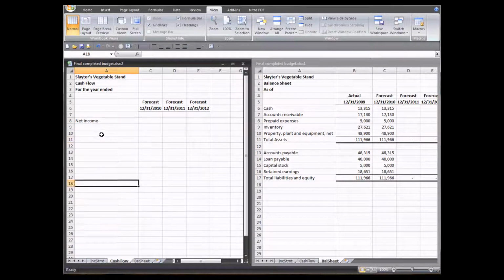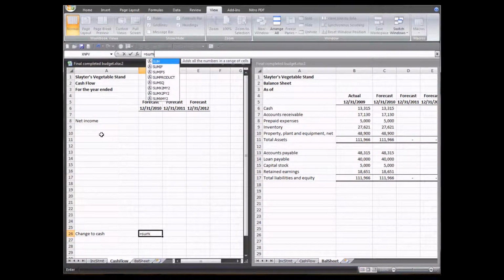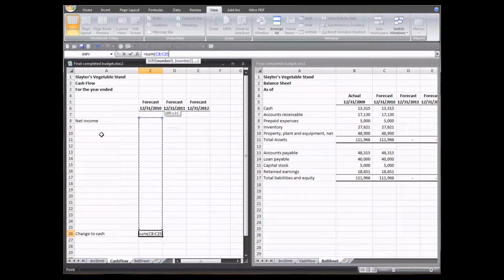I'm going to leave a whole bunch of blank lines here, knowing that I'm going to fill those in a few minutes, but I want to build the top and the bottom of my cash flow, so that as I fill things in, it can roll over to my balance sheet and keep my balance sheet in balance. So down here I'm going to say, okay, here's my change to cash, which is going to be equal to the sum of everything that I'm going to be putting in up here above.